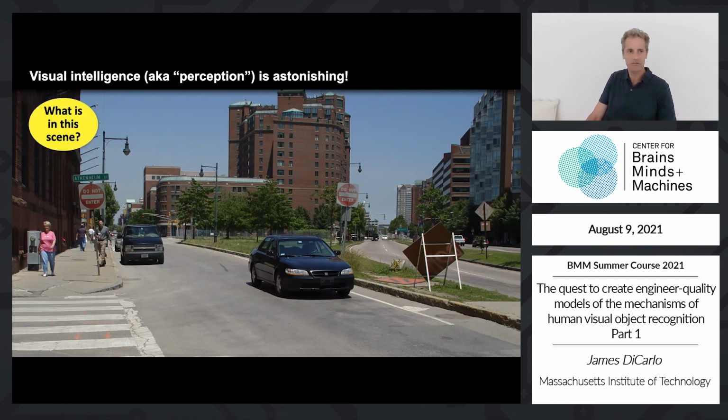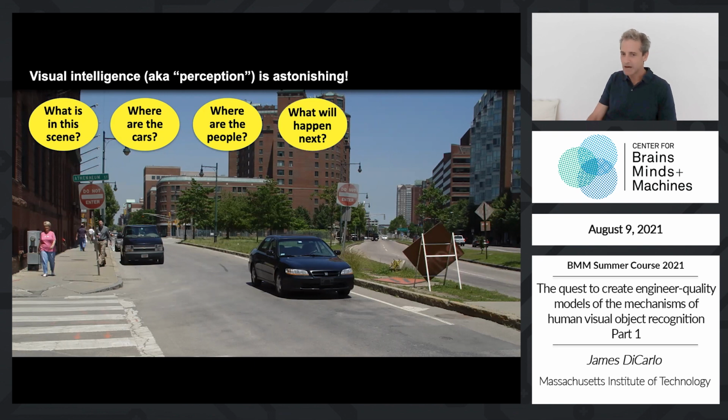So we can answer questions like, what's in this scene? Where are the cars? Even knowing there are cars to begin with. Where are there people? Again, knowing that there are people at all, and where they are and their poses and so forth. These are things that we infer very quickly. Beyond that, other questions like, what will happen next? And that's related to, where is it safe to walk? And this is, of course, why this is an important ability that we have.